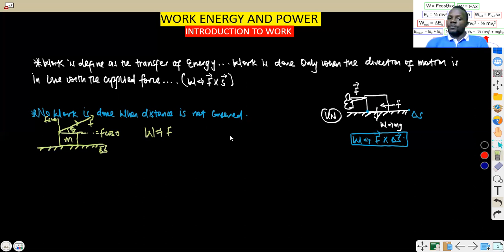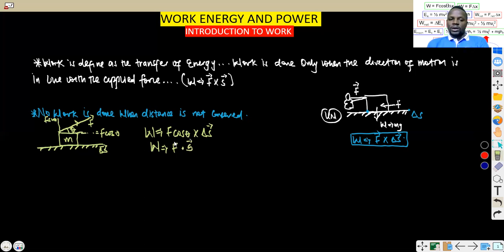Now it is F cos theta multiplied by the displacement, which is delta x. So what we are saying here, my dear student, is we can now write this particular formula, F cos theta multiplied by the displacement delta x, in vector form. You can watch our video on vector to understand vector, as F dot product of x.